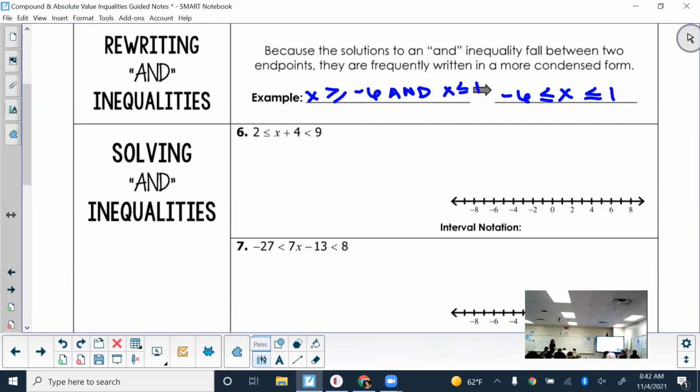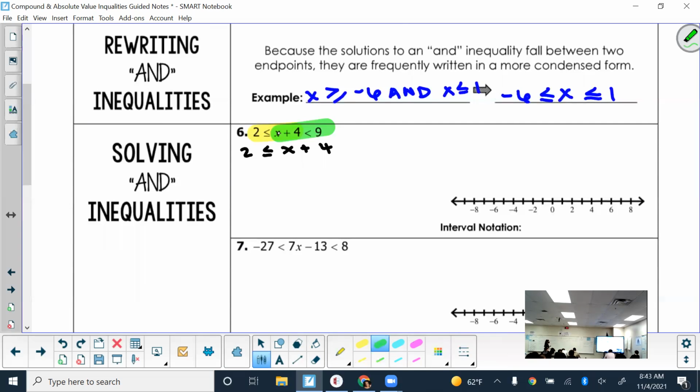So the first one is going to be what I highlighted here. So 2 less than or equal to x plus 4. And then we solve that separately. For the other one, it has the same middle.